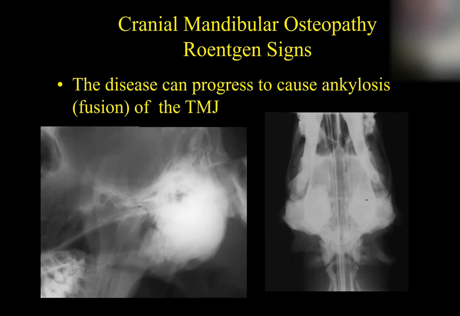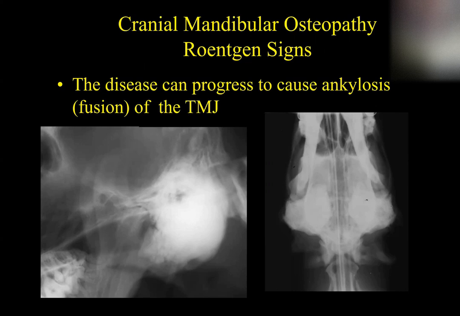Typically give it another 3 or 4 months and it will completely go away. Even though there's lots of bony production early on and it's very obvious, give it 2, 3, 4 months and re-radiograph the mandible, and it'll look completely normal. So it's a self-limiting disease.